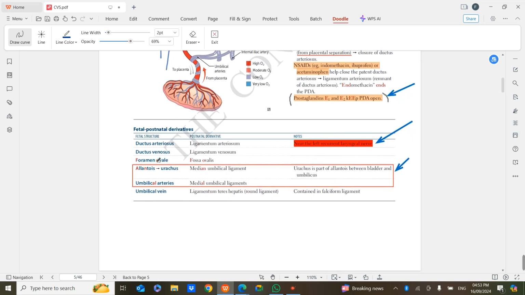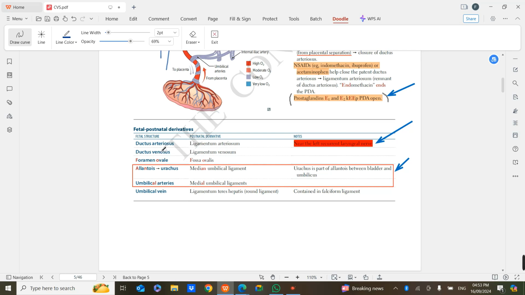Fetal-postnatal derivatives. What do you want to take into the exam here? Very simple concept. Look at these structures. Their duty is to mention them. Your duty is to identify the postnatal derivative of them, and I will tell you the common ones they test. We have the ductus arteriosus and ductus venosus. They just give rise to the ligamentum. Arteriosus will be ligamentum arteriosum. For the ductus venosus, ligamentum venosum. Very easy and straightforward.